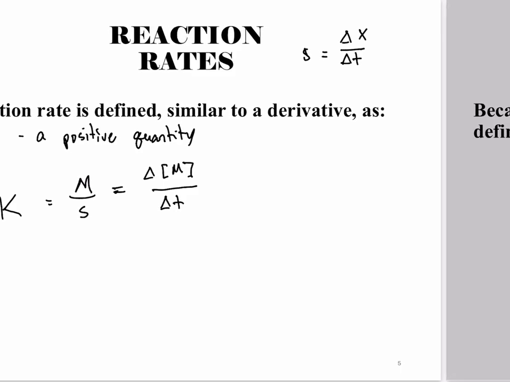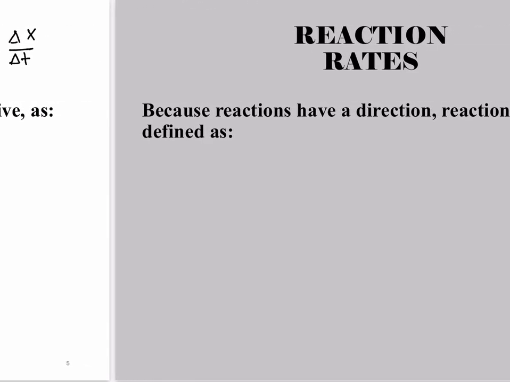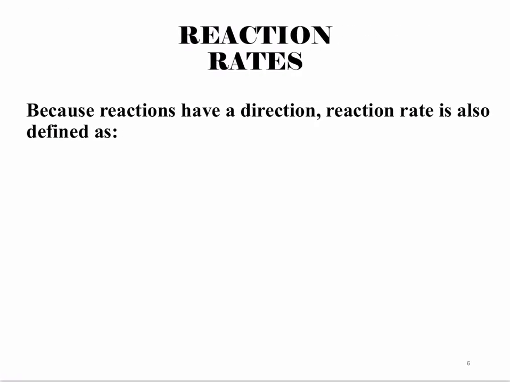Okay, so that's how we define a reaction rate. And because reactions have direction, a reaction rate can also be defined as K equals minus the change in concentration of a reactant, in this case, over a change in time.